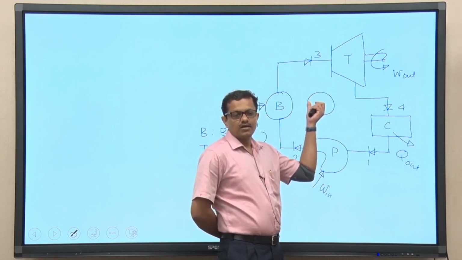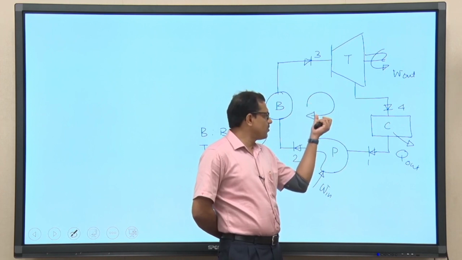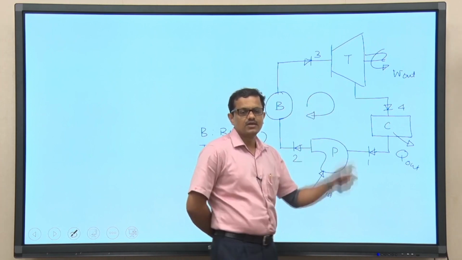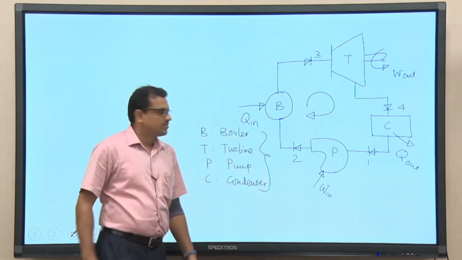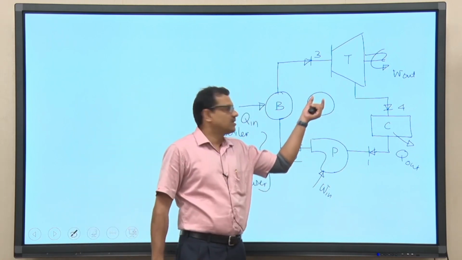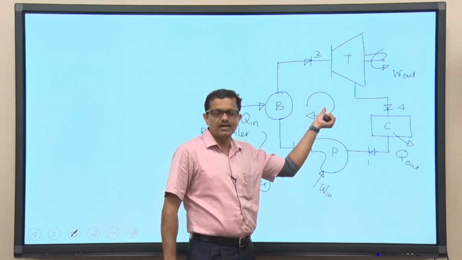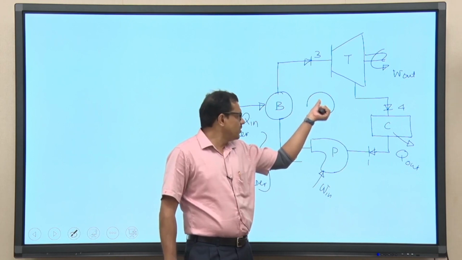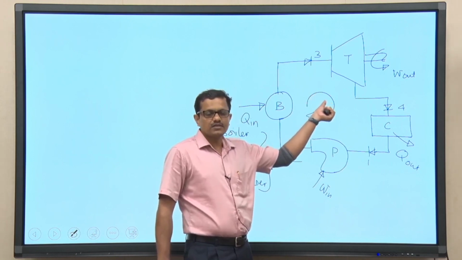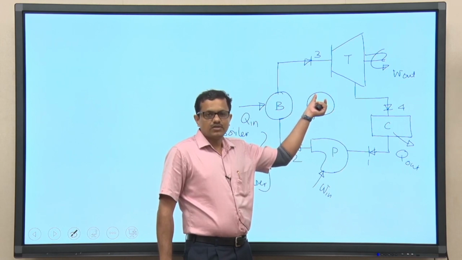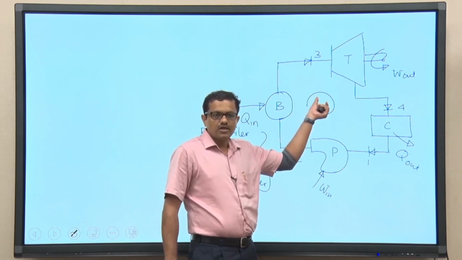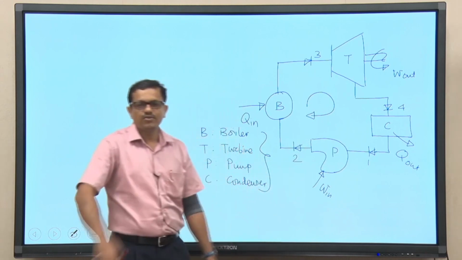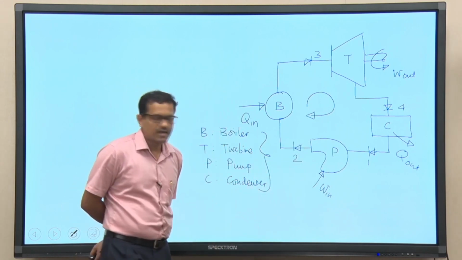Importantly, whenever we try to map all these processes in a coordinate diagram, we need to compare this with a cycle, because the unit of this plant is running in a cyclic manner. So, to obtain the performance, we need to compare the processes which constitute together to form this cycle by comparing with a thermodynamic cycle, right.